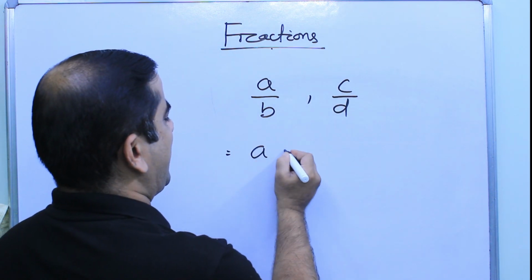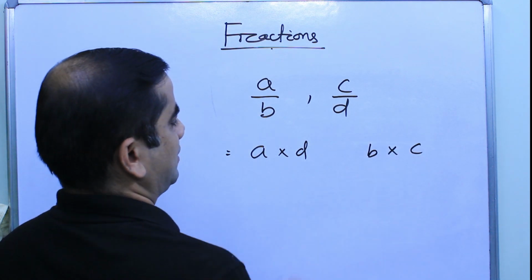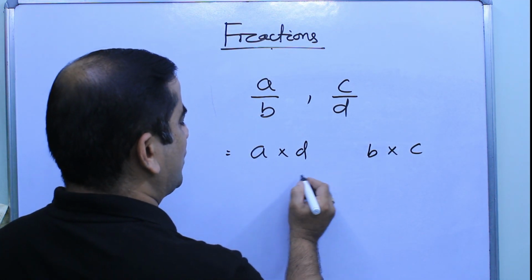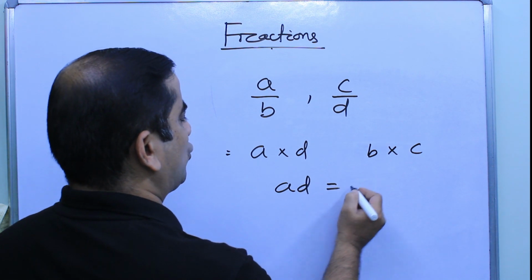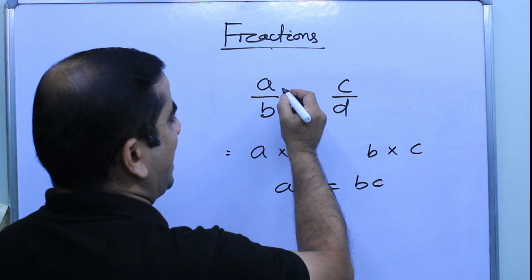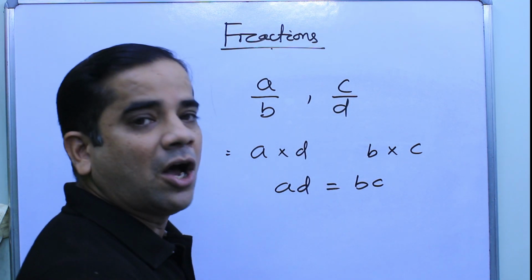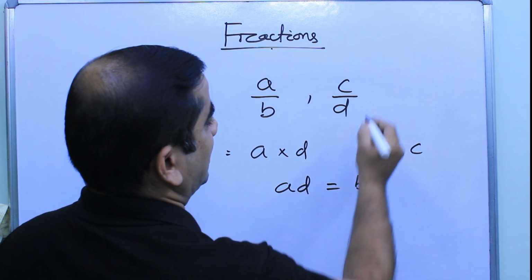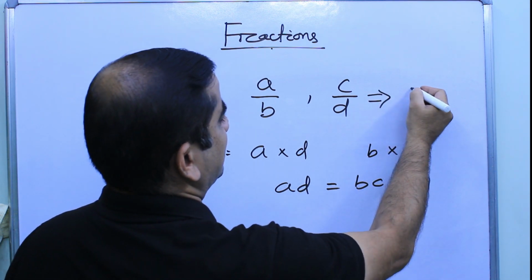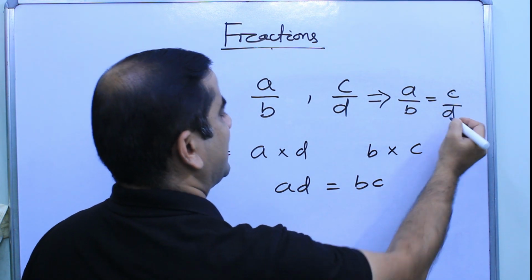That means A into D and B into C. If A into D, that is AD, is equal to B into C, that is BC, then we can say that A by B and C by D are equivalent fractions or equal fractions. That means it implies A by B is equal to C by D.